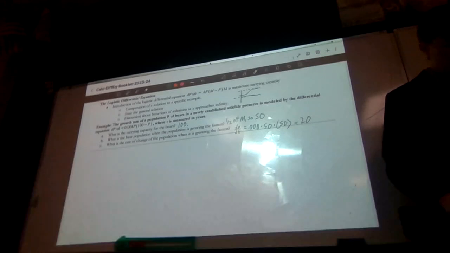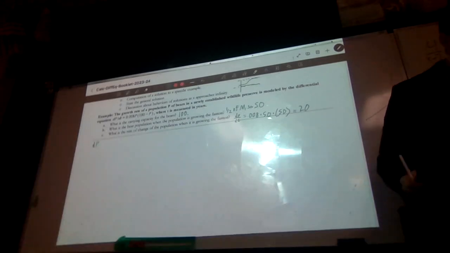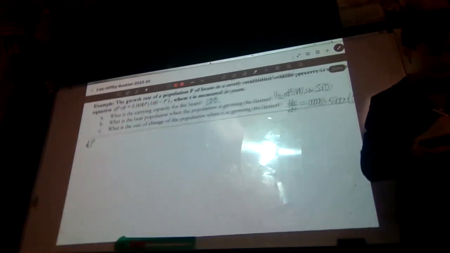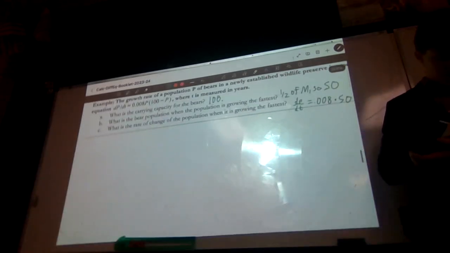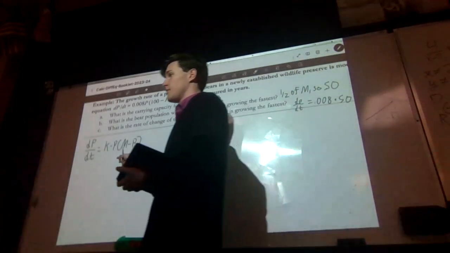Now, let's consider we have this equation here, dP. I'm going to have to zoom in here. This is going to be fun. We have dP over dt is equal to k times P times M minus P. Now this equation makes sense.